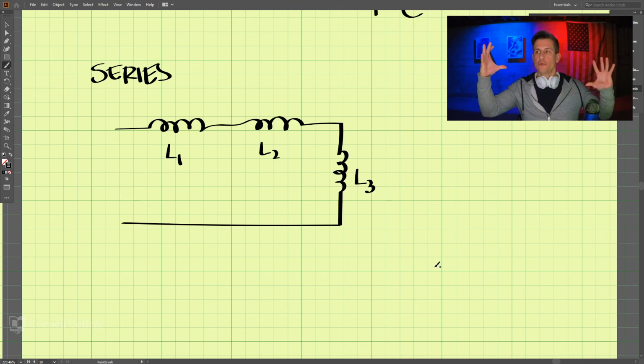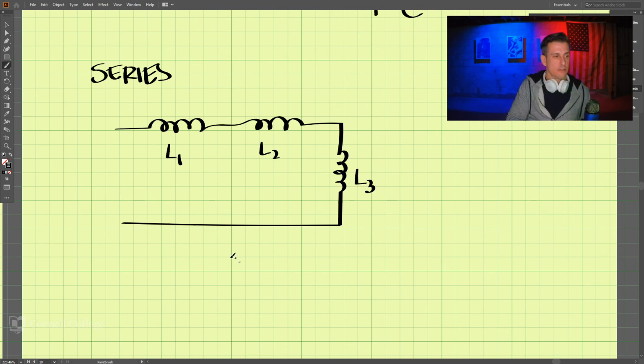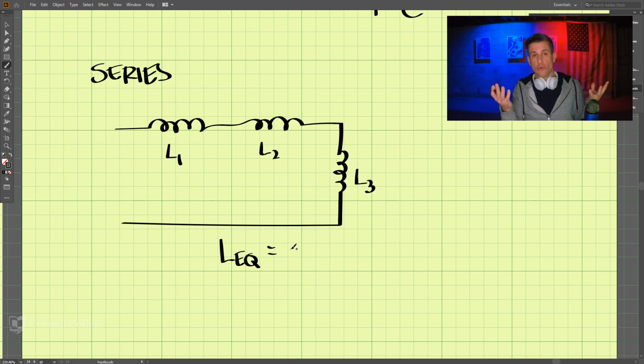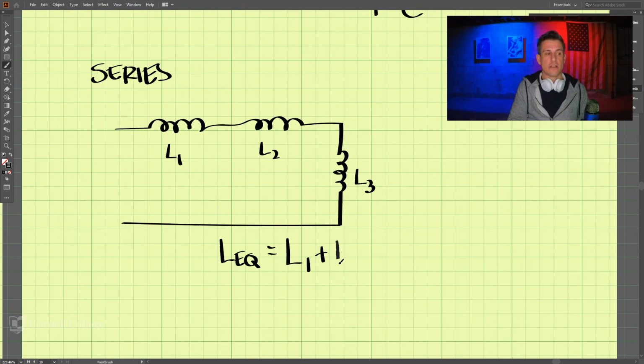Now, if we want to combine all of these to a single equivalent inductance, how do we add these together? Well, these add together just like resistors: L1 plus L2 plus L3.